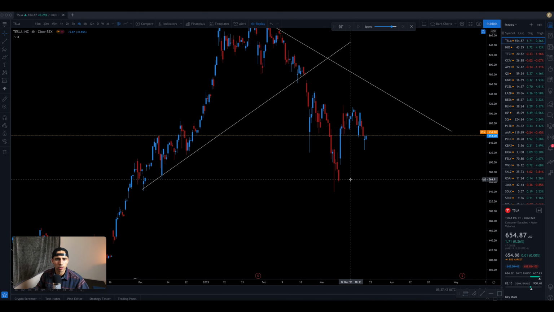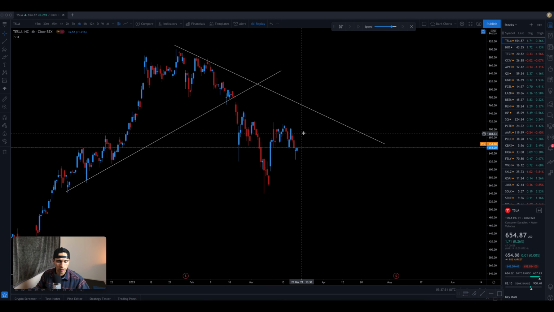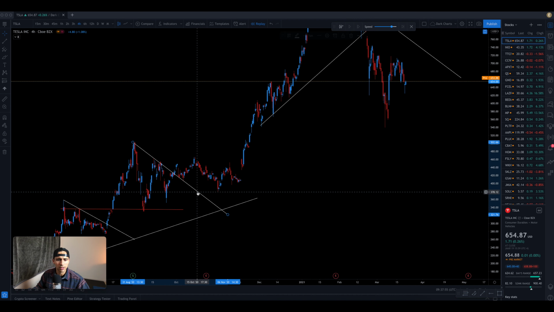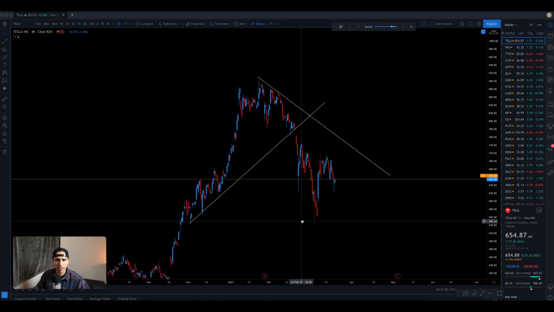And then you would have had your support lines drawn up right in here. Also another support right in here. So, all this can be deleted as you go and trade as well, just to make sure your charts look clean.